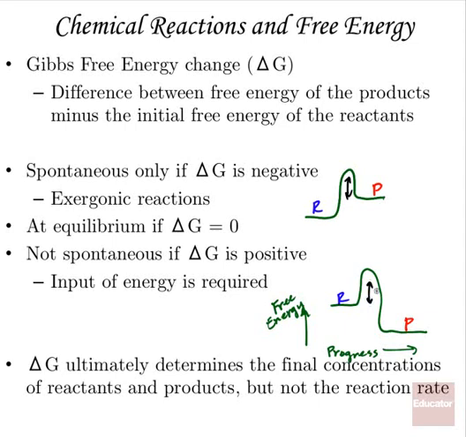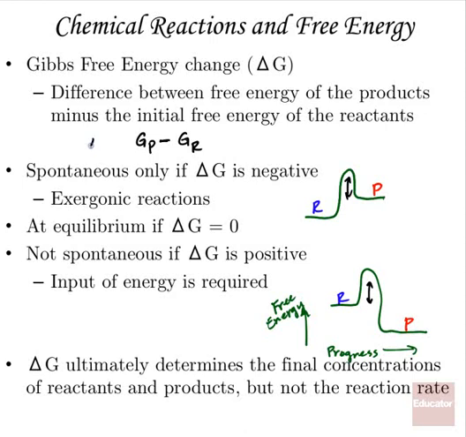Now, if your products have a higher free energy than your reactants, what do we have? The difference between the free energy of the products, so what we're looking at is the G of our products minus the G of our reactants.